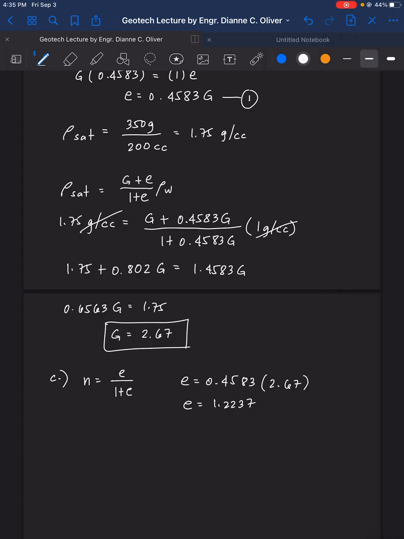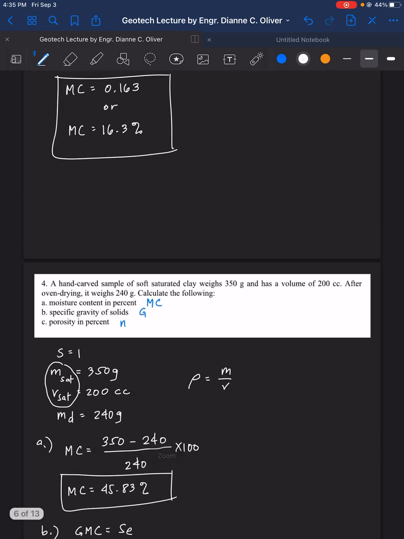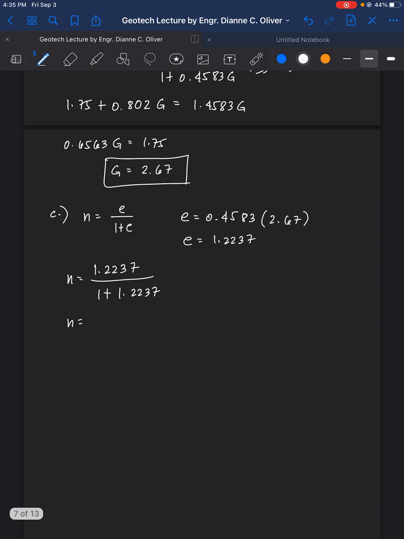Then we have here N is equal to 1.2237 over 1 plus 1.2237, and is it in percent? Yes, in percent. Times 100.